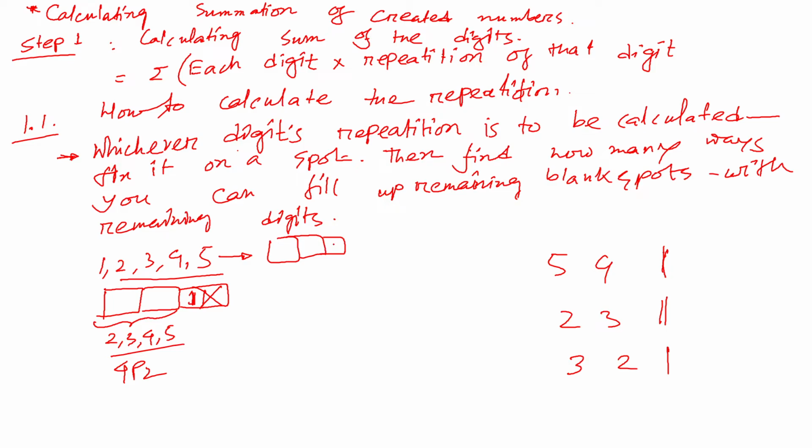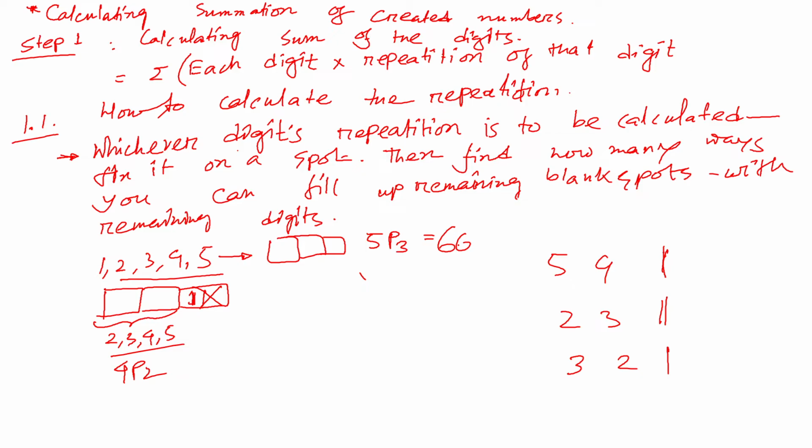Yes, 3-digit numbers. 5p3, there are 5p3. That is equal to 60.